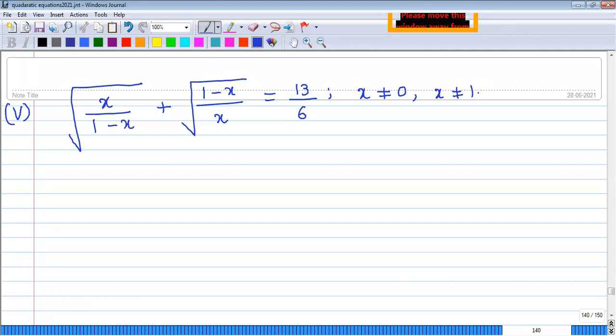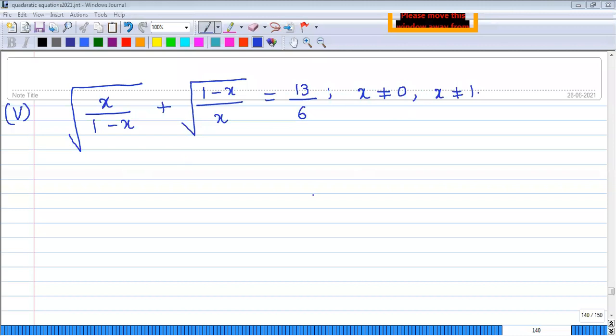So what's your idea? Let t equal to x, sir. We can write it as root x by root of 1 minus x plus root of 1 minus x by root x. Okay. Next. So just observe.